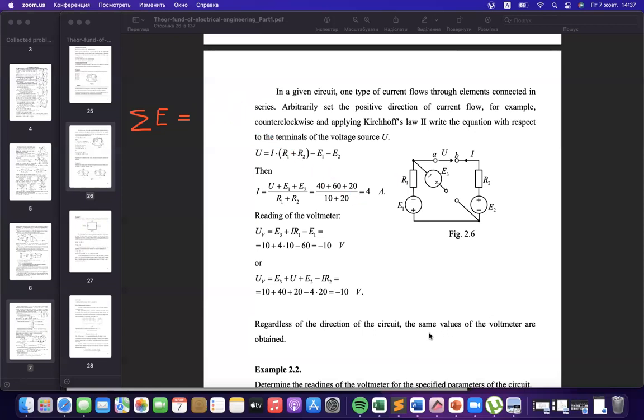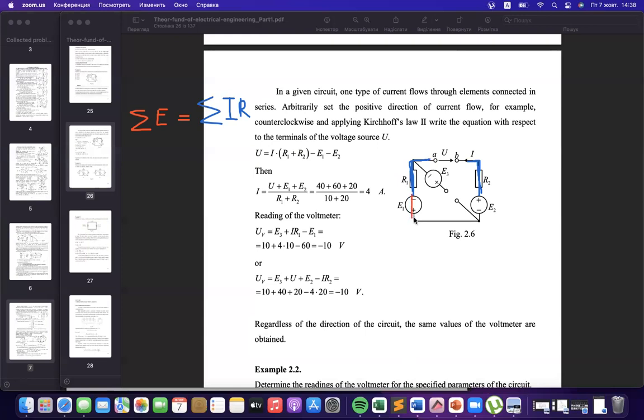Let's draw in different colors to see the difference. The total voltage of consumers in general form. How many consumers do we have here? We have first consumer, first voltage, and second consumer, the second voltage. How many sources do we have?